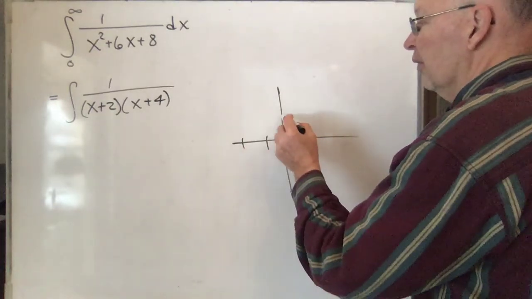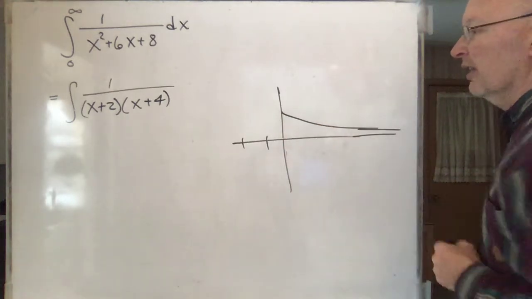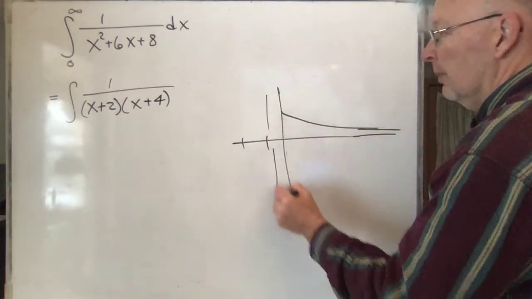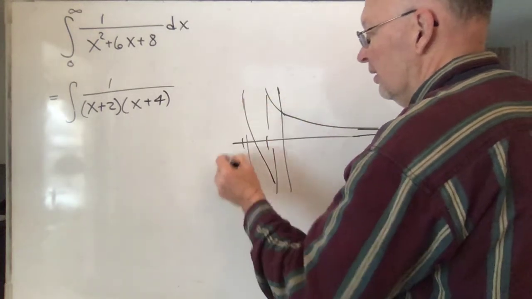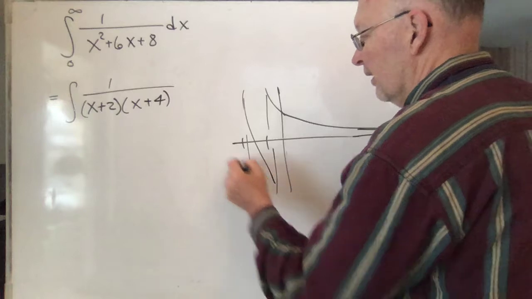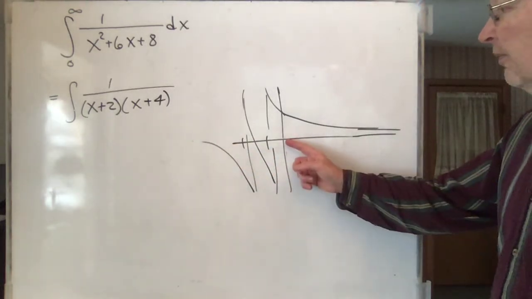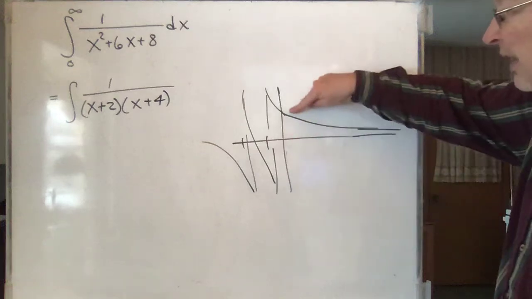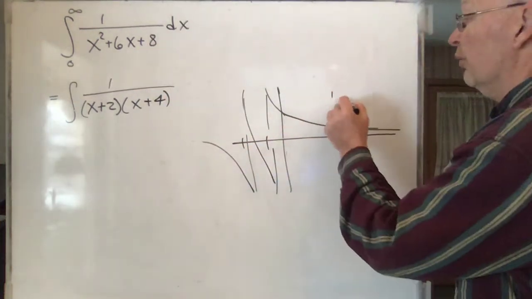We're starting at 0, so at 0, it's still basically just going to be decreasing like this. It's going to blow up maybe there, and maybe something like this, whatever. But from 0 on, it's going to be basically a function which lies underneath 1 over x squared.